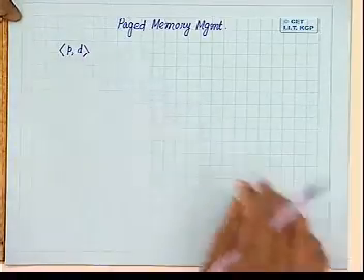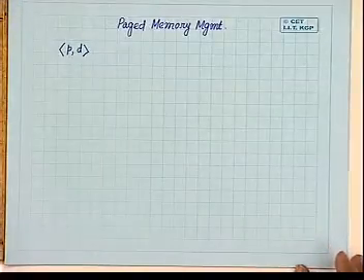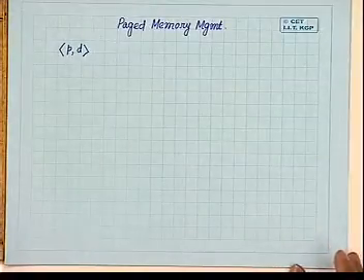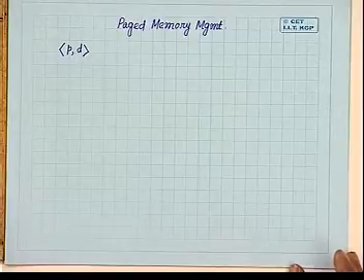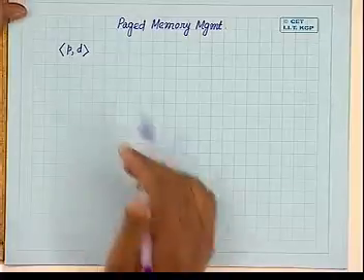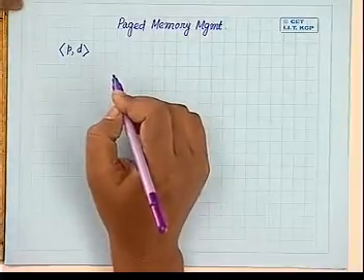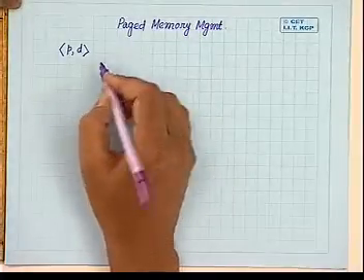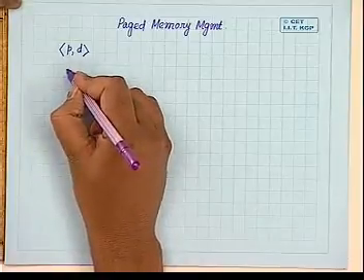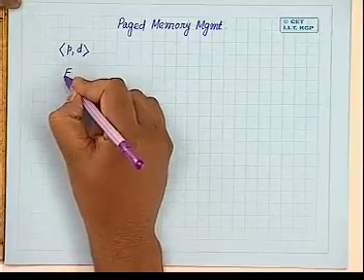Now when we go for this paged memory management technique, we get another advantage, that is sharing of code. The same code may be shared by more than one user program. Say for example, there are 2 users who are trying to edit their files. So there is a single program which is the edit program.